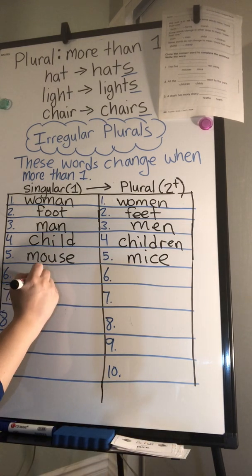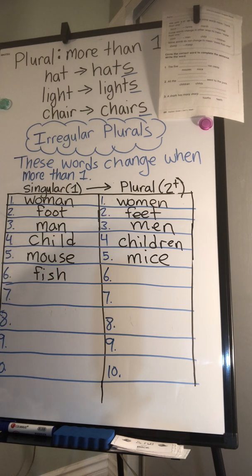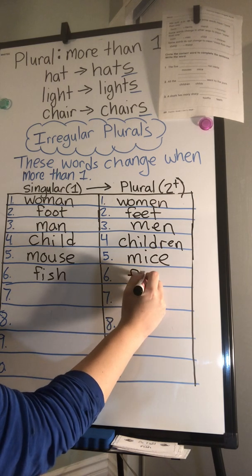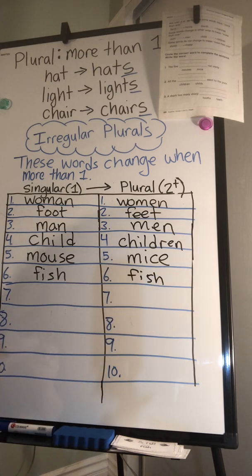Fish. One fish. Two. Remember, this was a tricky one. One fish, two fish. Good job. If you got it right, give yourself a point.